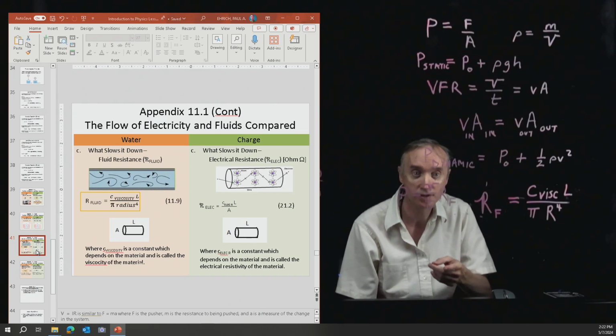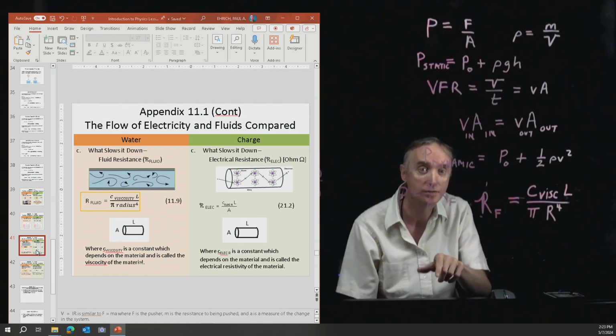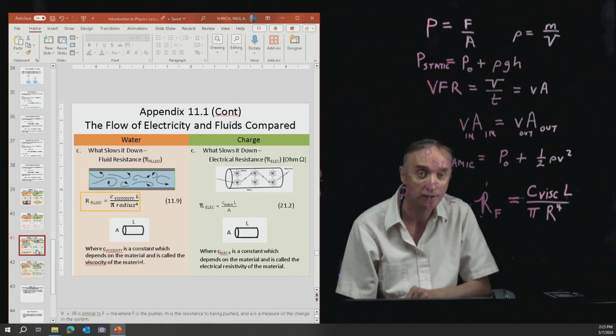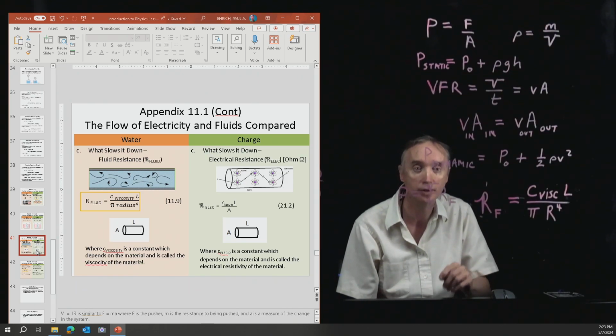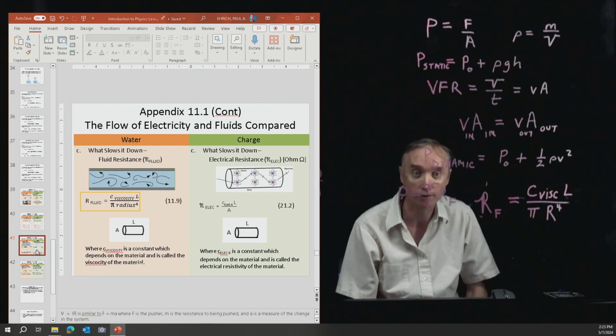Now notice that this time it's a little bit different, because if you look at the formula for electrical resistance, it does depend on the length of the wire, just like the flow of a fluid depends on the length of the pipe. It also depends on the area, but in the case of electricity, it's area raised to the first power, whereas in the case of a fluid, it's area squared, basically.